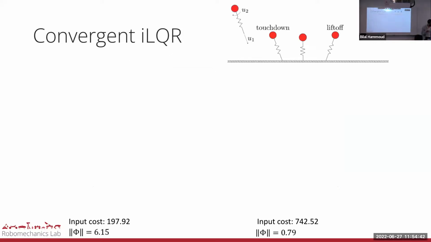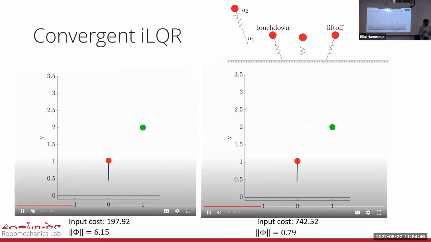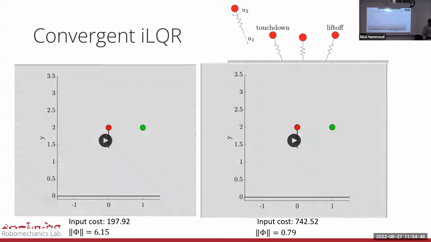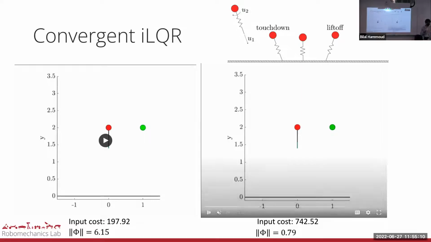Very quickly, I'll show an elementary result that we have with this SLIP system, where you have propulsion in the direction that the leg is going in. On the left is just vanilla iLQR. The bottom shows that the norm of the fundamental solutions matrix has directions that grow in the error, which we can correct with our convergent iLQR.